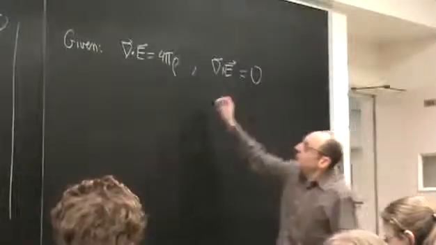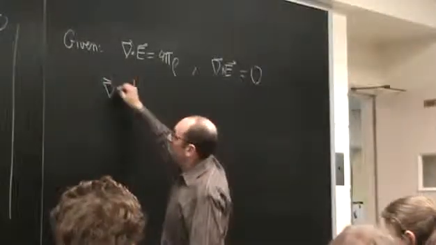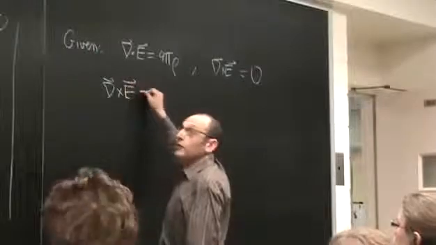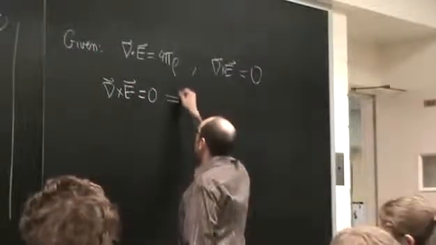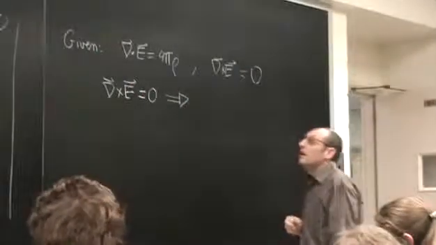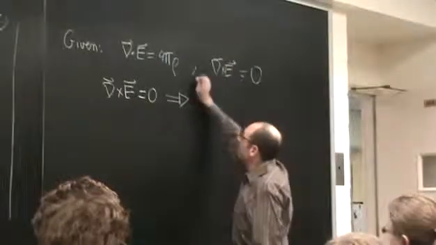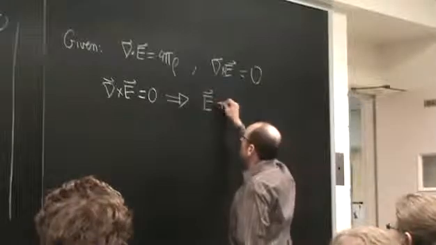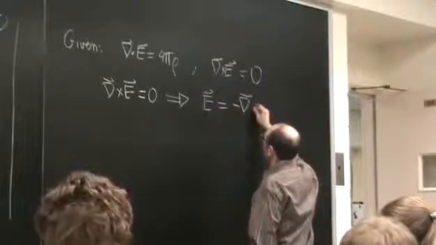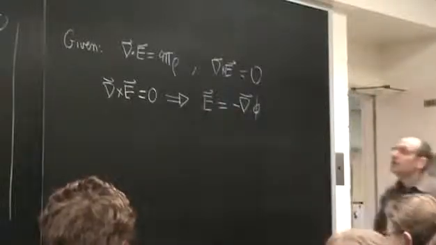Well, this equation, what we just said is del cross E equals 0, is equivalent to saying that the electric field must be minus the gradient of a potential.